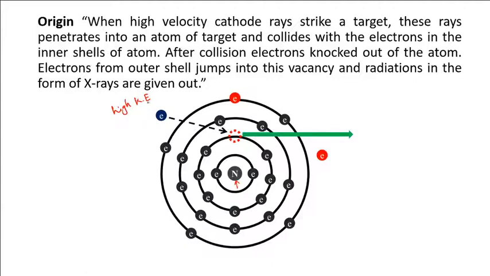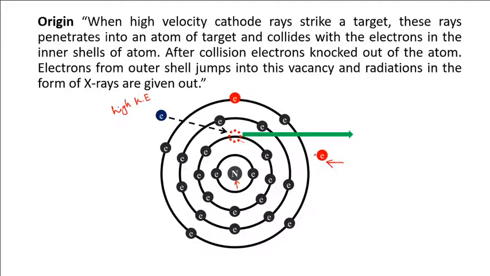As this electron is bombarded on the target, it penetrates through the atom and knocks out the inner orbit electron. This one is the inner orbit electron, which is knocked out by this electron.